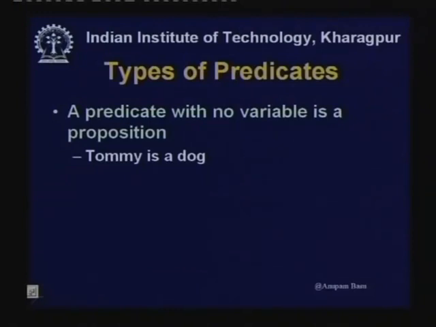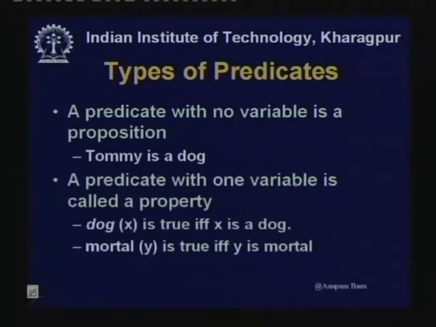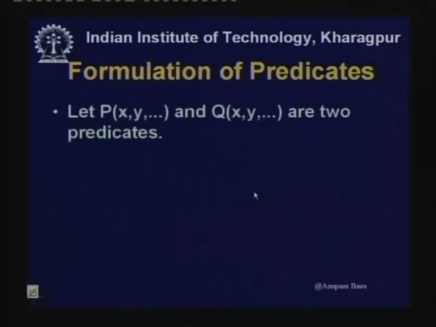Predicates can capture everything that propositions can, but not the other way around. A predicate with one variable is called a property. Dog x, that is x is a dog, is true if and only if x is a dog. Mortal y is true if and only if y is mortal.